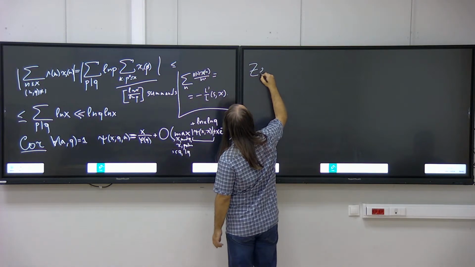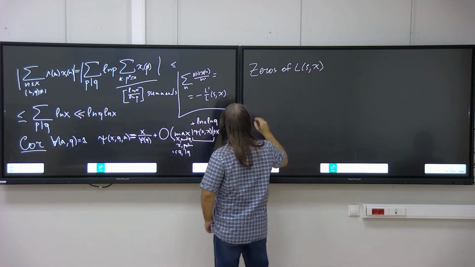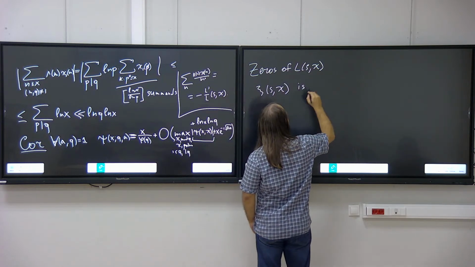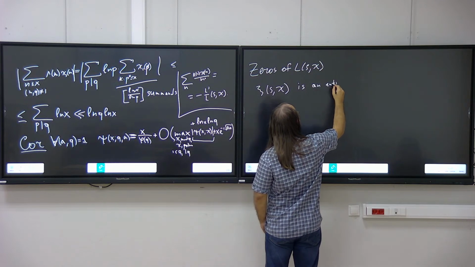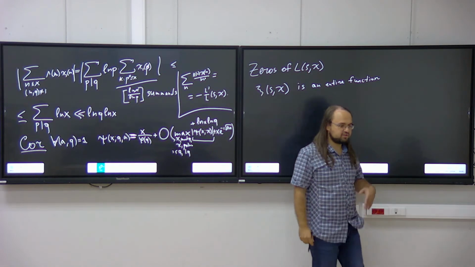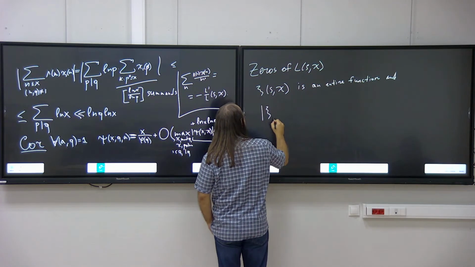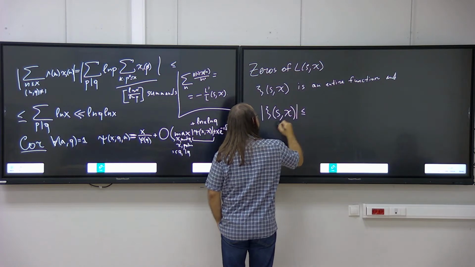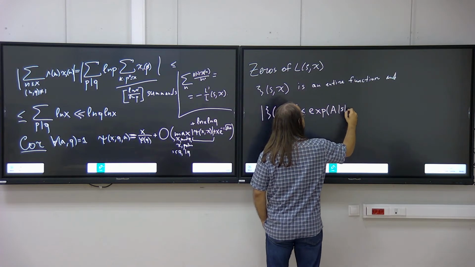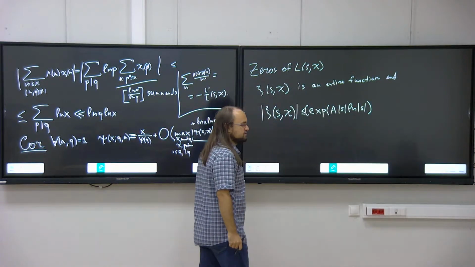Okay, now for the zeros of L(s, chi). So xi of s, chi is an entire function due to the functional equation, and the absolute value of xi of s, chi is at most exponent of some constant multiplied by absolute value of s, logarithm of s, maybe multiplied by some other constant.